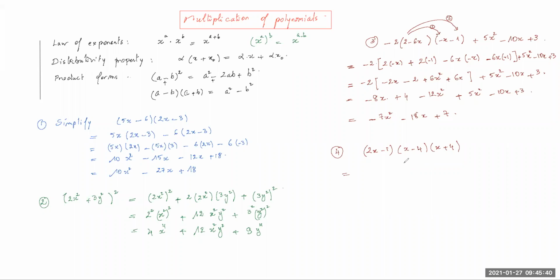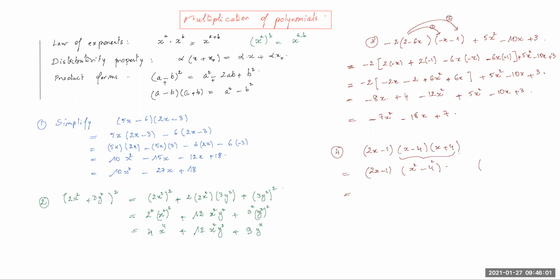For example, I see here an identity, this one. I can use it. So it's 2x minus 1 times x squared minus 16. And then I use the distribution.